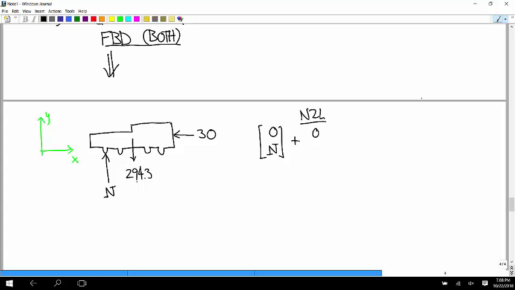Zero, and that's in the negative y direction, so 0, negative 294.3. And then the 30 newton force is in the negative x direction, so that's negative 30, 0. And so this is F net.